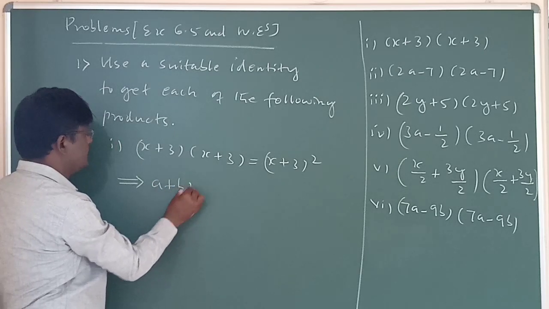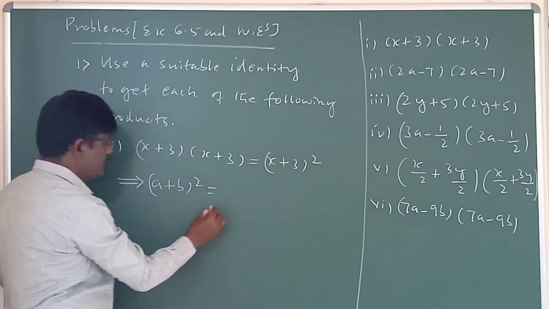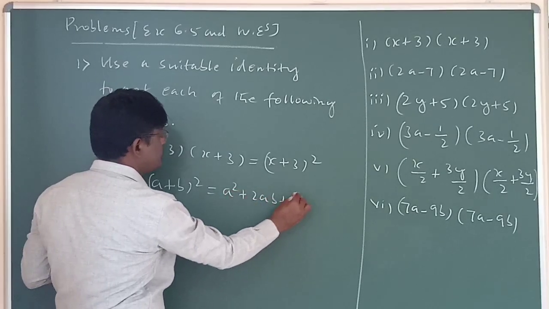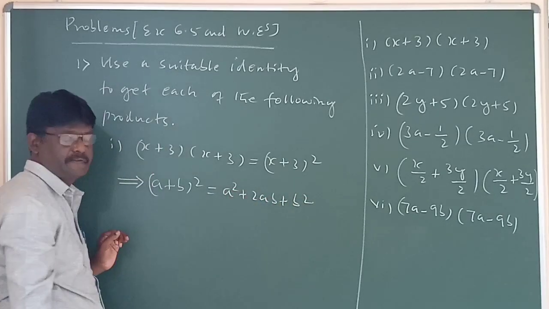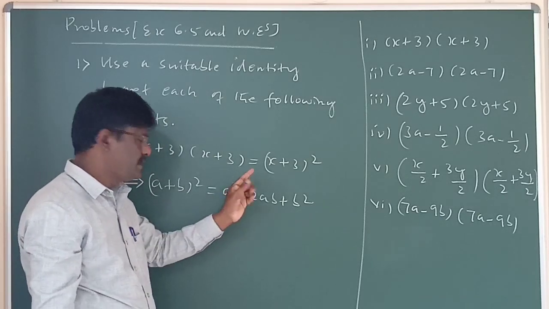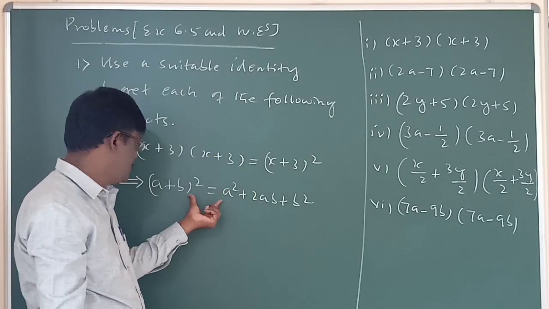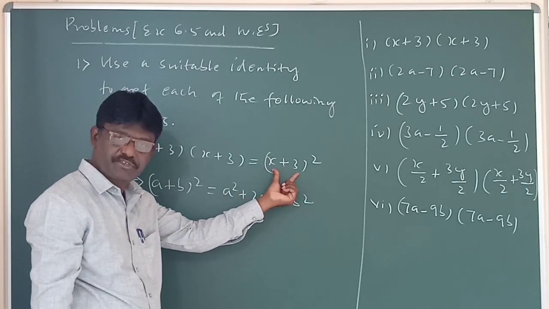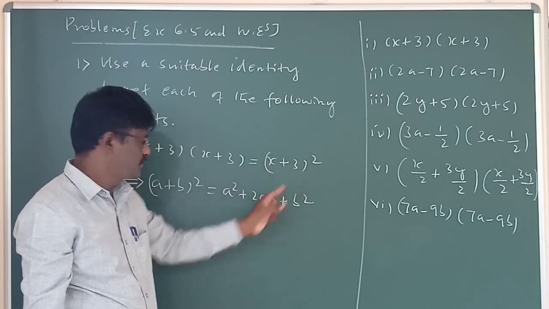So now this implies what? This identity, (a plus b) whole square equals a square plus 2ab plus b square. Thus we have to get the idea of the suitable identity by studying the given expression in the (a plus b) whole square form.